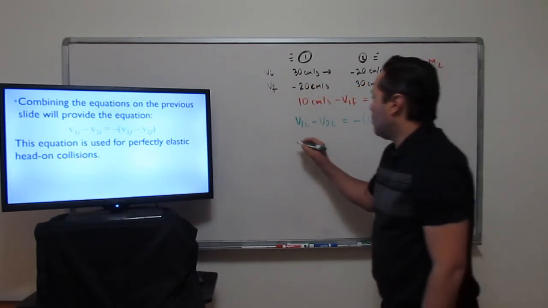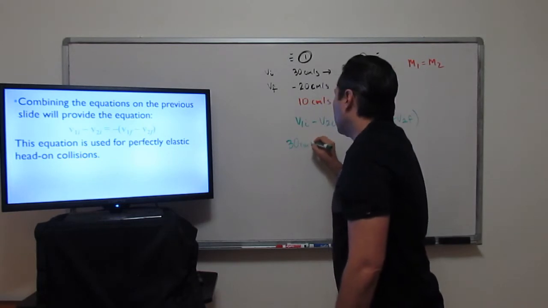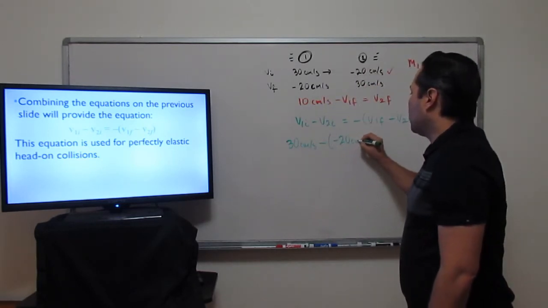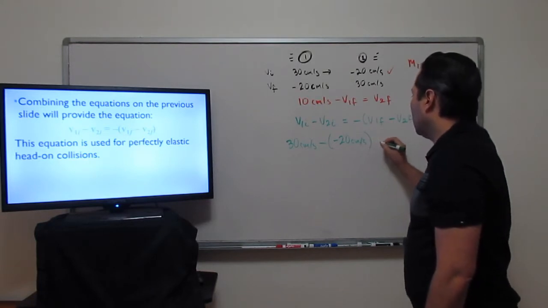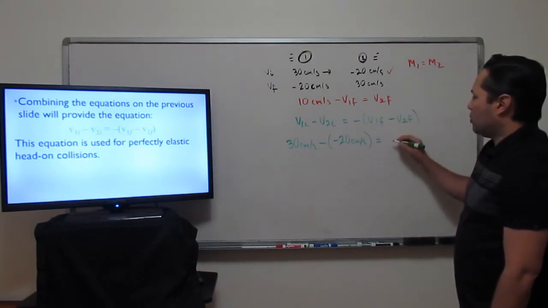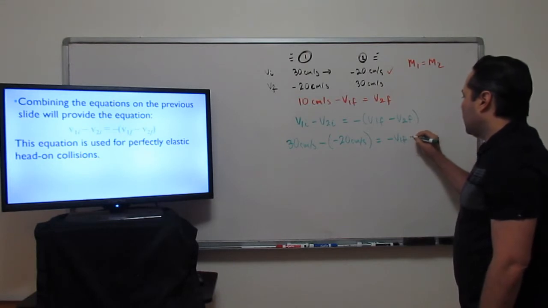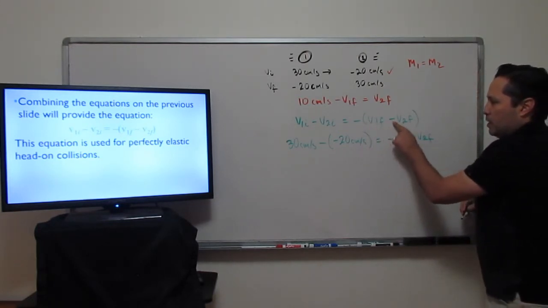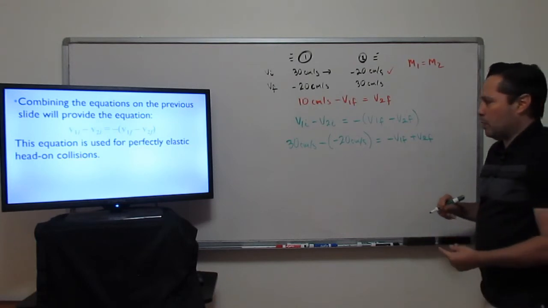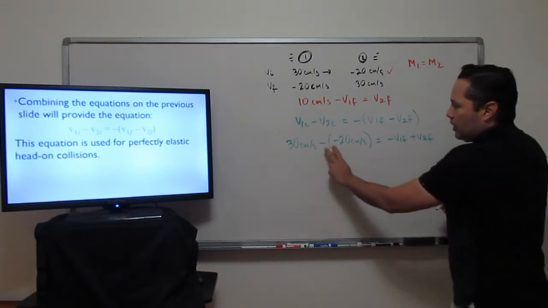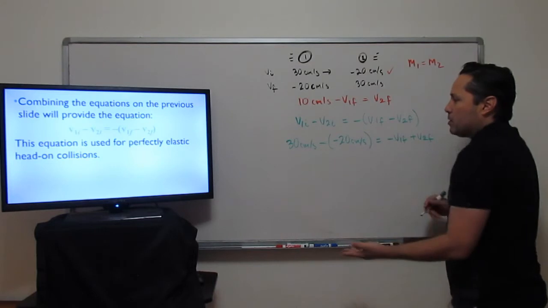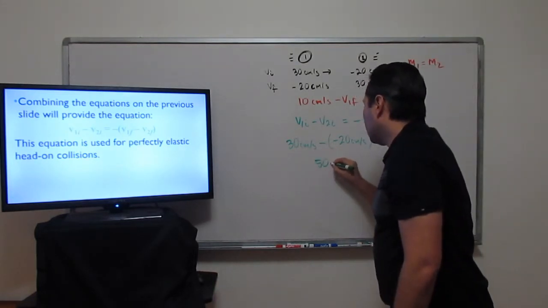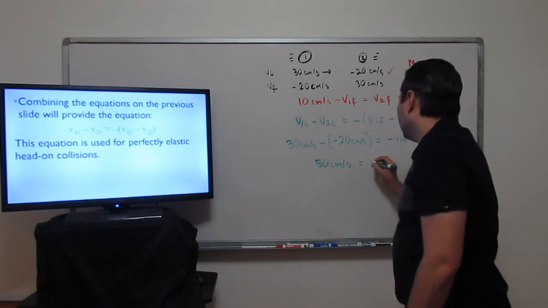It's going to be 30 centimeters per second minus negative 20 centimeters per second equals, I'm going to distribute that negative, and a positive V2 final. Alright, so I distributed the negative sign, just to simplify a little bit more. Here we have a negative times a negative. That is a positive, so we have 30 plus 20, that gives me 50 centimeters per second.